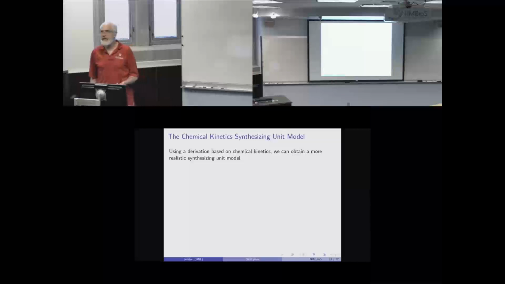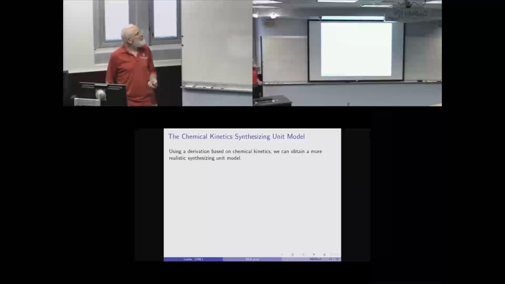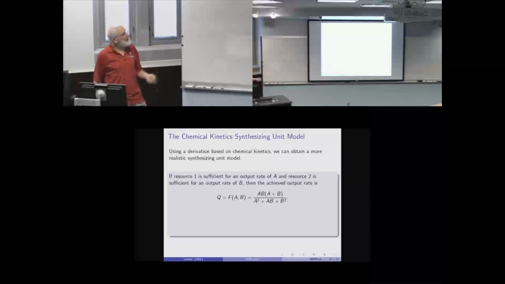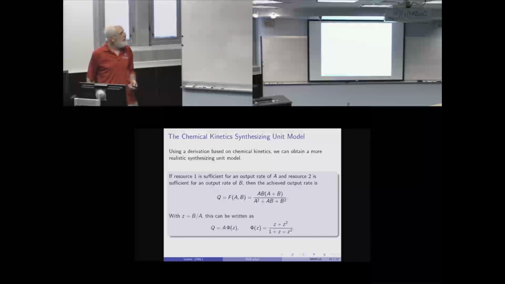The minimum model is really unrealistic, and so we could choose a more realistic synthesizing unit model based on chemical kinetics. So if we use a derivation based on chemical kinetics, we get a more complicated equation. It's no longer the minimum of A and B, it's now some function of the two, which we can rewrite in terms of the shoot-root ratio.